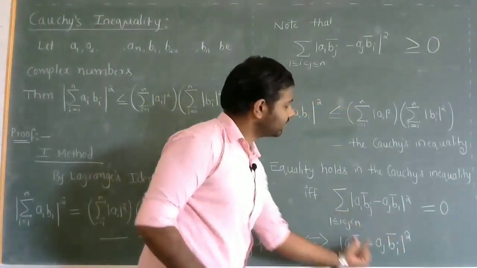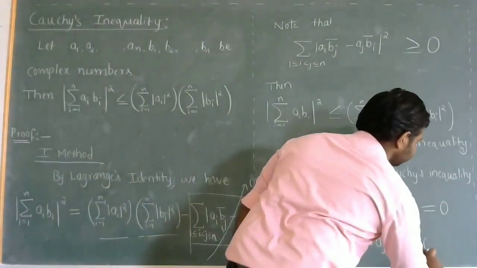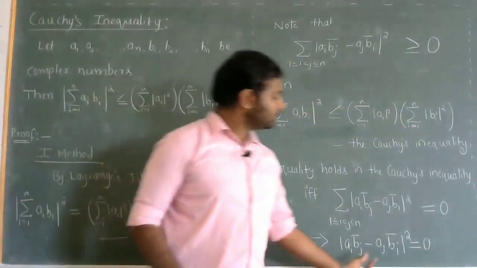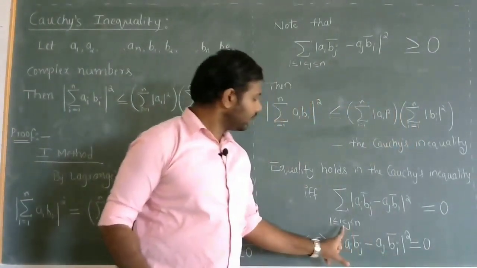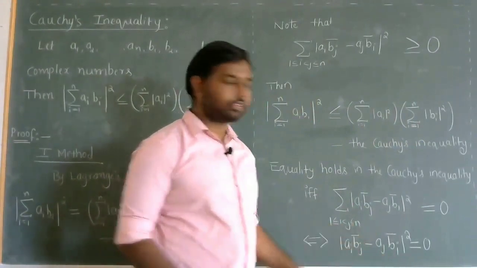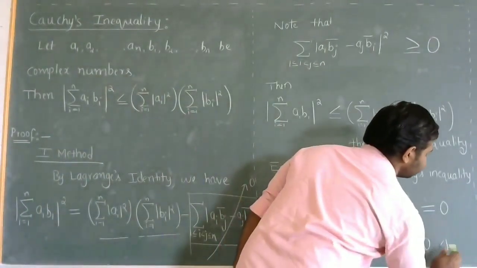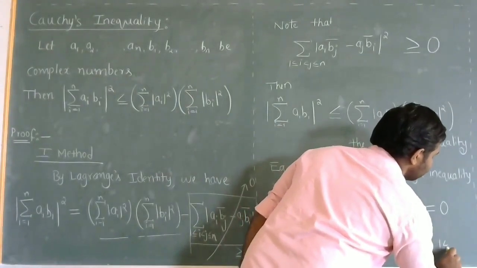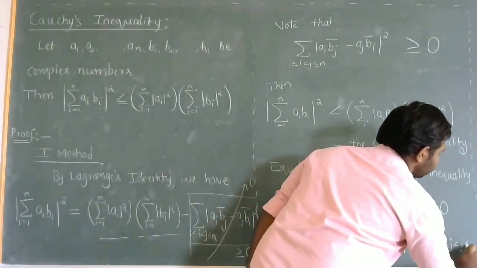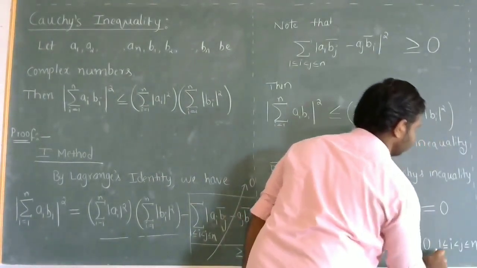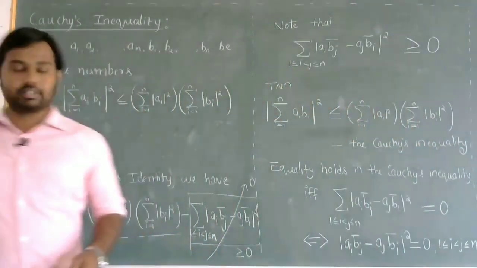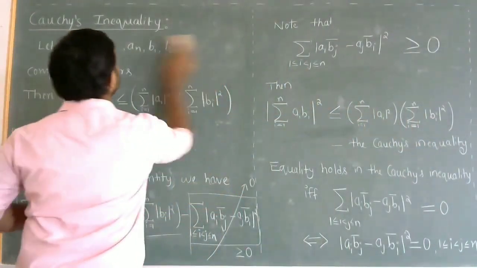Each term of the summation has to be 0, so I have to consider all possible values of i and j, 1 less than or equal to i, less than j, less than or equal to n. Now which is if and only if?